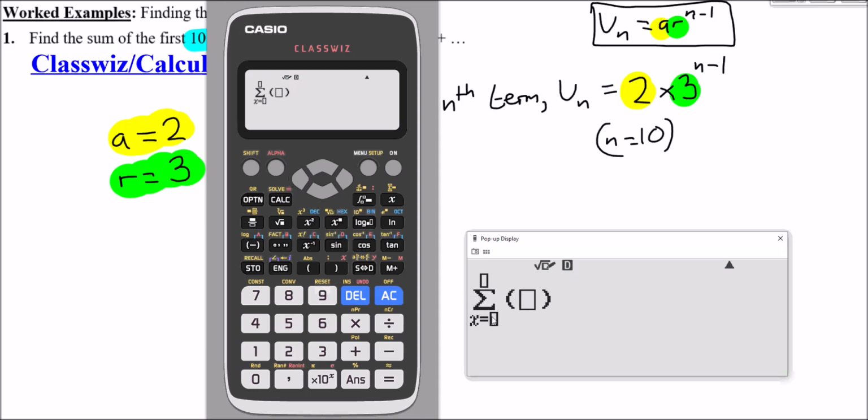So the first 10 terms means we want the first value, x being 1, where x stands for n in the calculator's case. We want the sum from 1, the first term, up to 2, 3, 4, 5, 6, 7, 8, all the way up to 10. So that means the sum of everything from x being 1 up to x being 10.